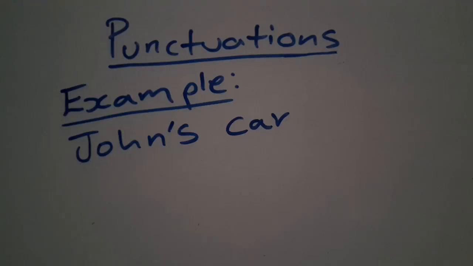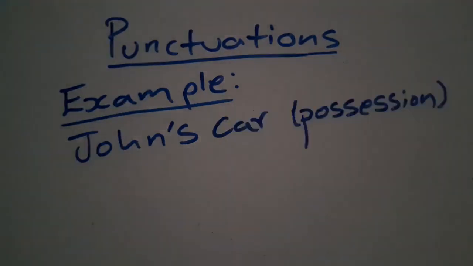So here, the apostrophe is trying to show that the car belongs to John. Hence, right after the name John, there is an apostrophe and an S that is added. So here, the apostrophe has been used to show possession, that the car belongs to John.